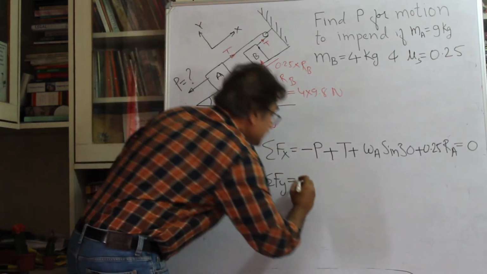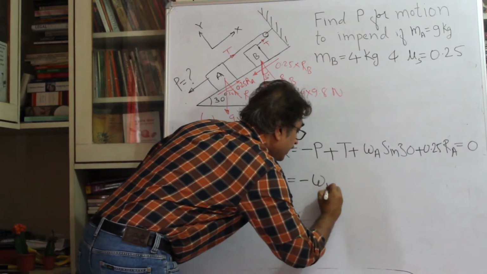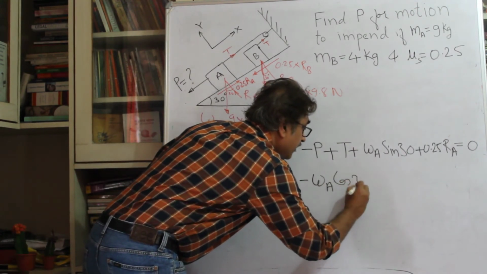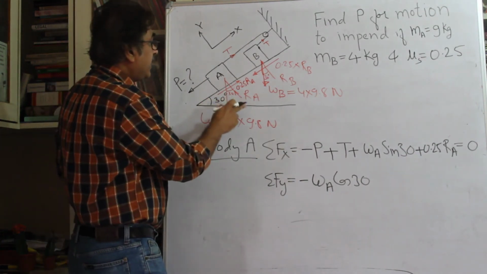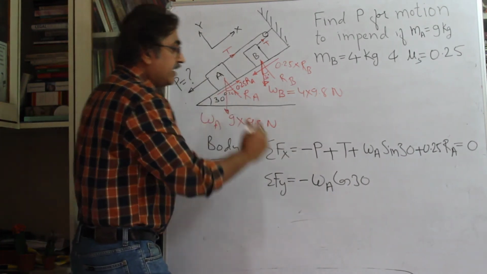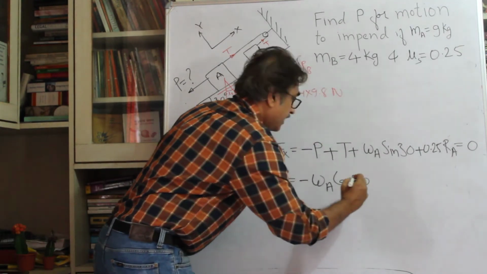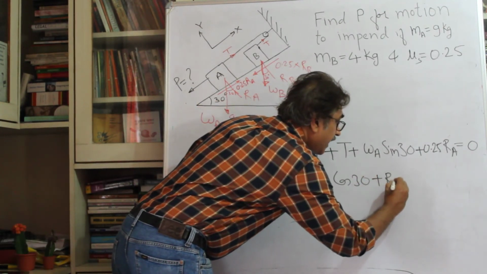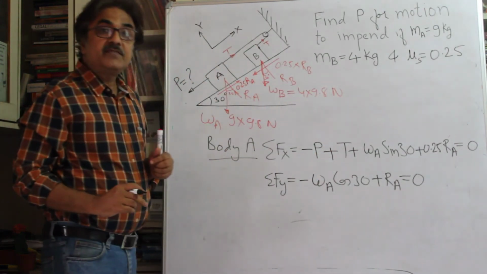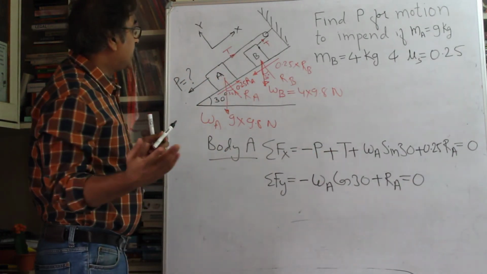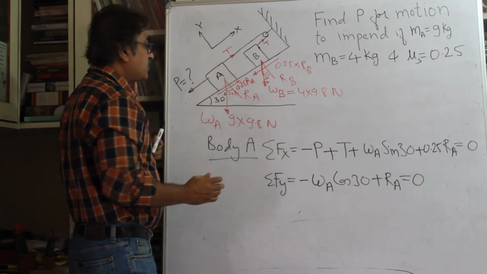So it's going to be minus WA cos 30, right? And the only upward force is RA. It's going to be plus RA. This will be equal to 0, right? There is no other force. So these are the two equations.